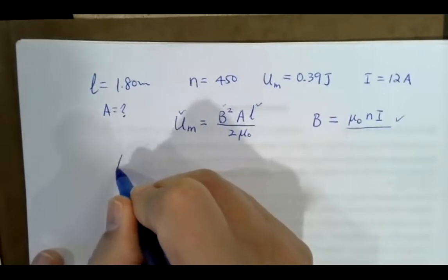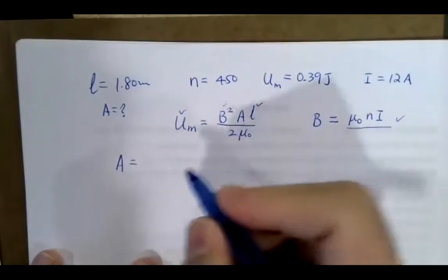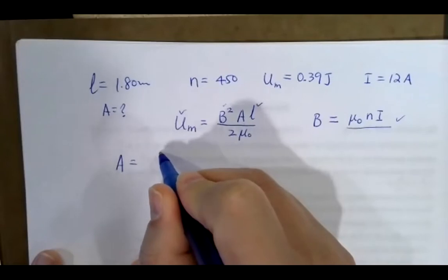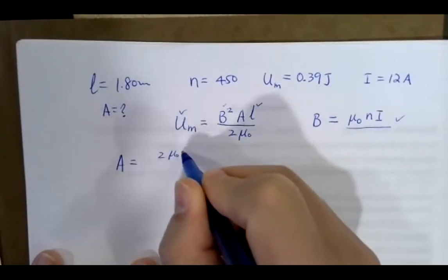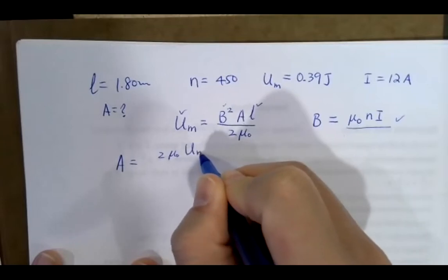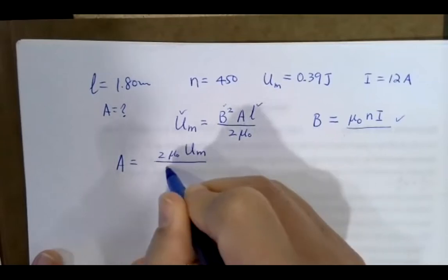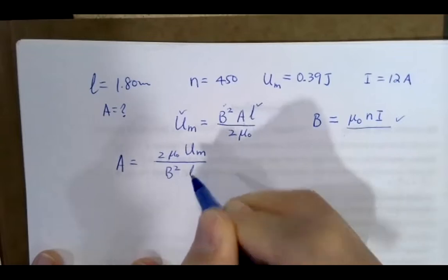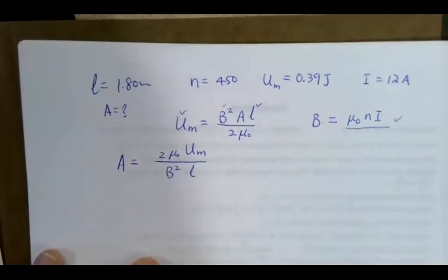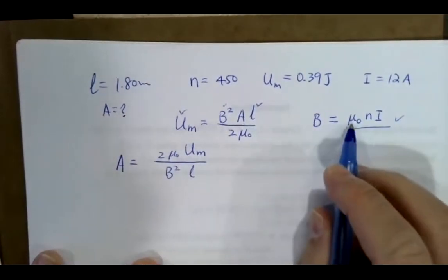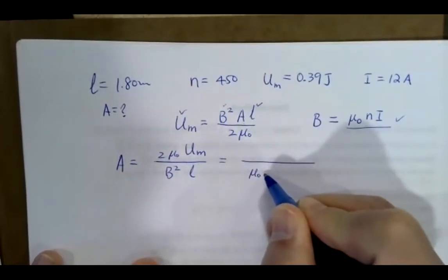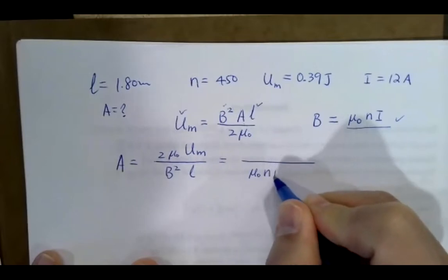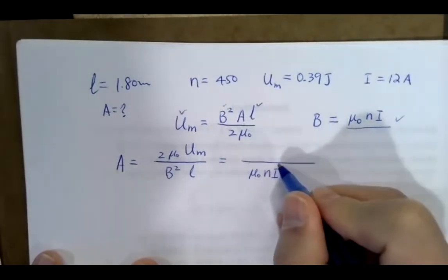We can say A is equal to, from this equation, multiply both sides by 2 mu naught, times capital U, the energy, divided by B squared times L. And then for B squared, you can substitute mu naught N I and square it.